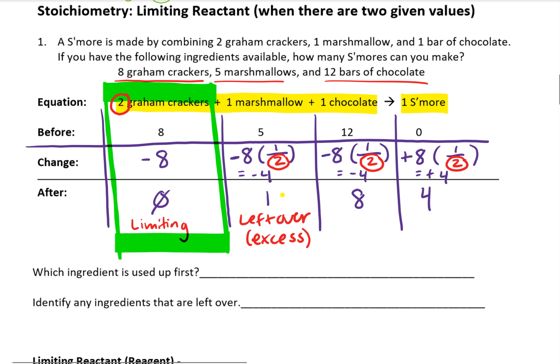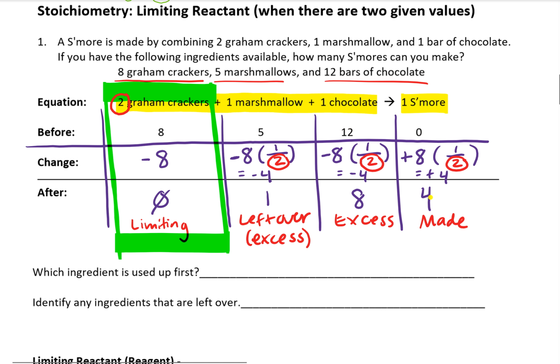You have extra. I'm going to check the chocolate column. I started with 12 minus 4, and we're left with 8 chocolates in excess. And then for the s'mores, we started with 0. You're adding 4, and it equals 4 in the end. So we made 4 s'mores.